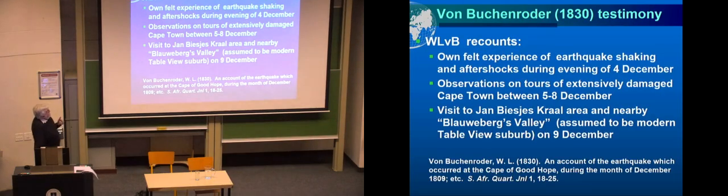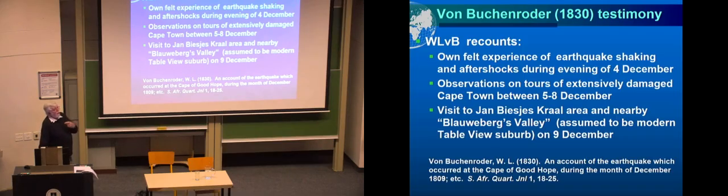So just going back to von Buchenroder and having a look at what he recounts. First of all, he was a naturalist. He just arrived in Cape Town from Indonesia, where he'd experienced earthquakes, and he was at dinner near the castle when the earthquake occurred.